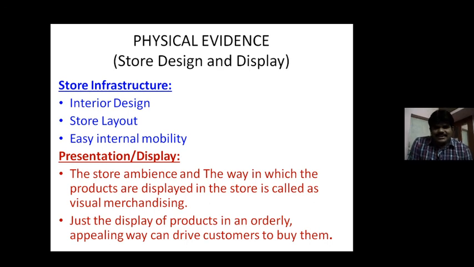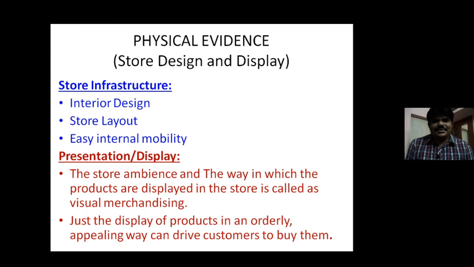And the presentation and display part, the store ambience and the way in which the products are displayed in the store, is called visual merchandising. So here the visual merchandising practices will be used in physical evidence or store design and display, so that the merchandise inside the store is displayed in such a manner that it attracts the target customers.